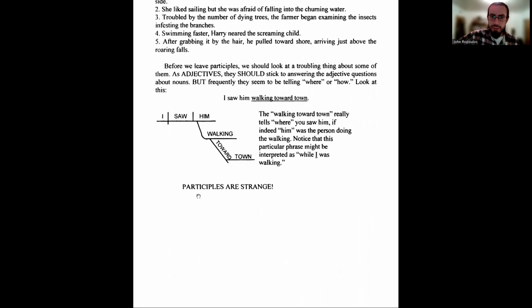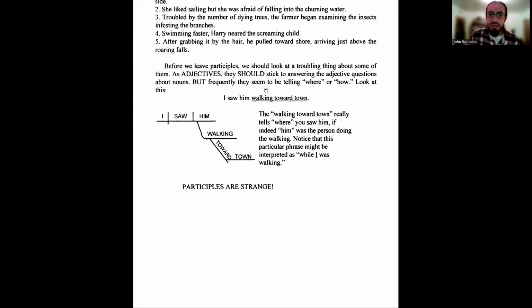We should look at a troubling thing about some of them. As adjectives, they should stick to answering the adjective questions about nouns. But frequently, they seem to be telling where or how. Look at this. I saw him walking toward town, right?